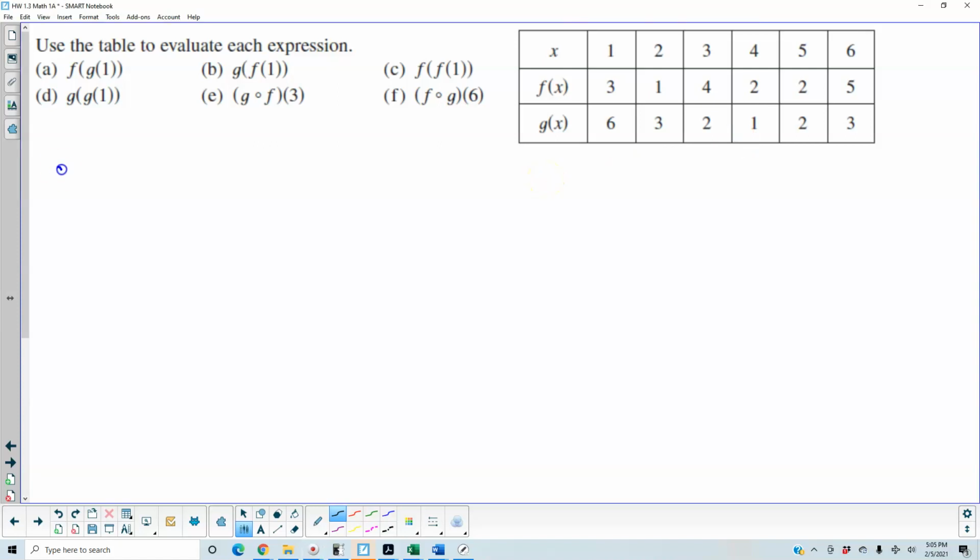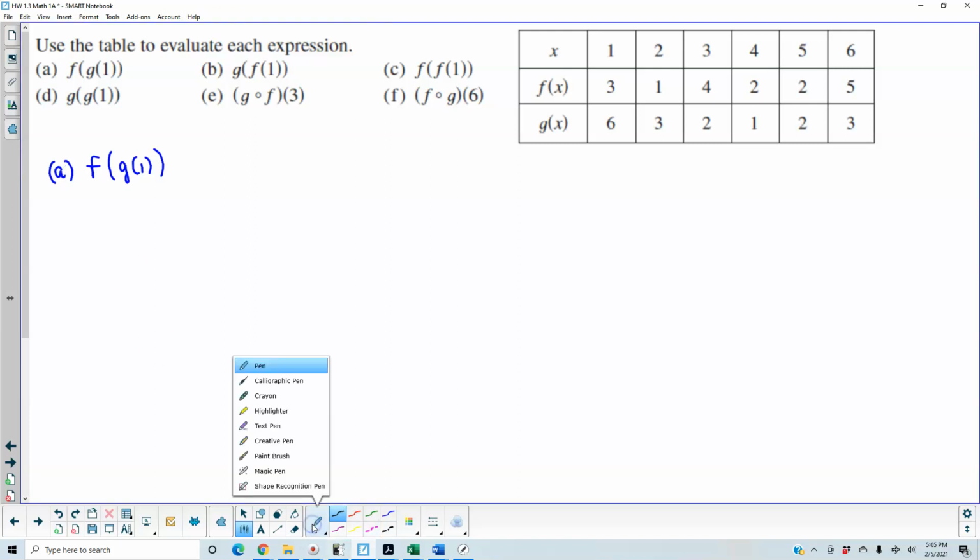So for part A, we want to find f of g of 1. That means that when the input is 1 on the function g, the output is 6.